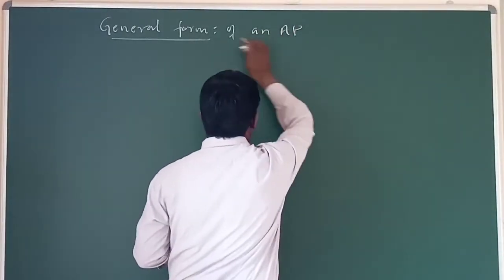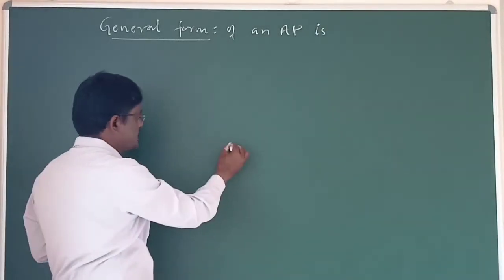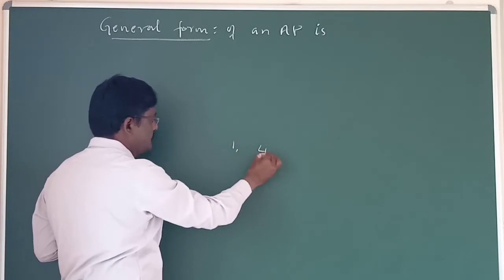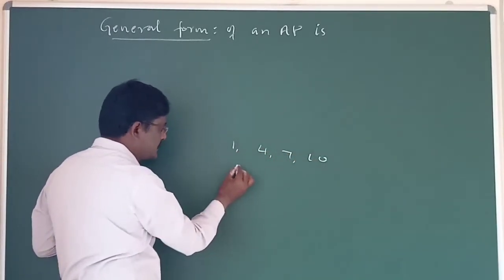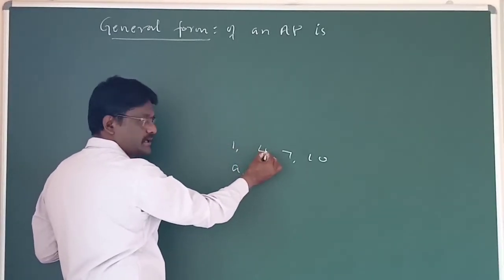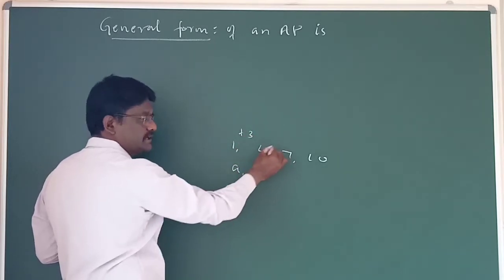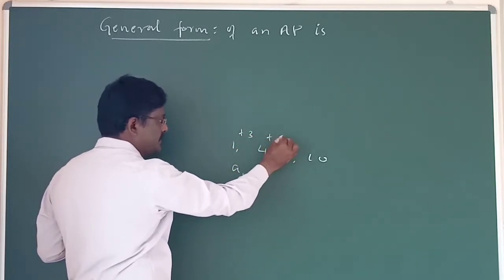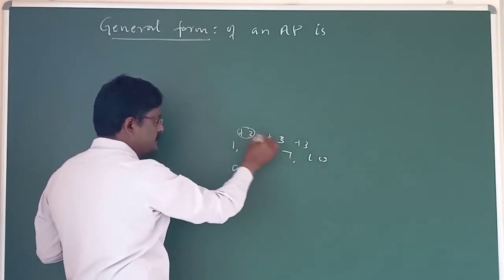The general form of an AP is, okay children, let us take the same example, 1, 4, 7, 10. If the first term is A, the first term is 1, how do you get the second term? By adding 3. How do you get the next term? By adding 3. By adding 3. What is this 3?